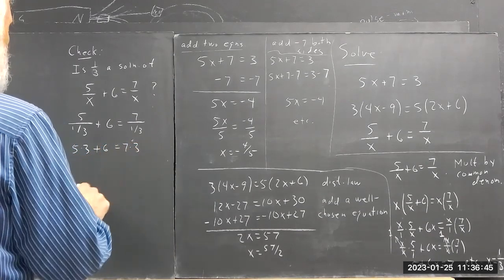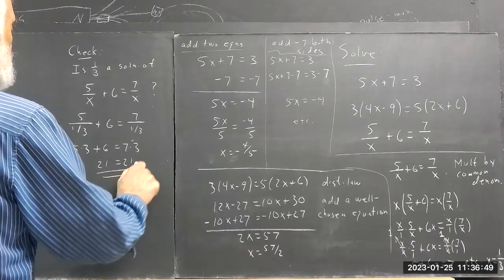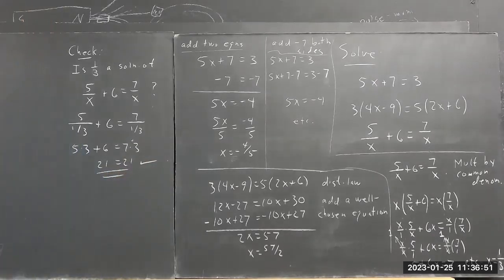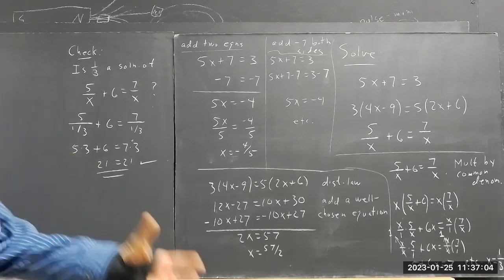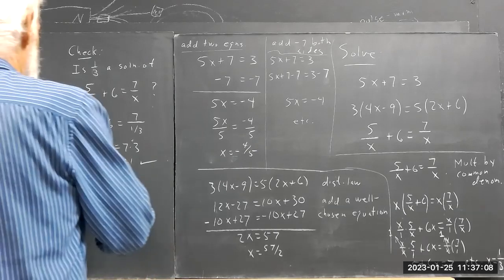And that's 7 times 3, so we get 21 equals 21. And it checks. Now the question is, that's right. And let's make sure we understand why 5 over 1/3 is 5 times 3. Okay. We have that reflex. We know that. Let's make sure we understand it.